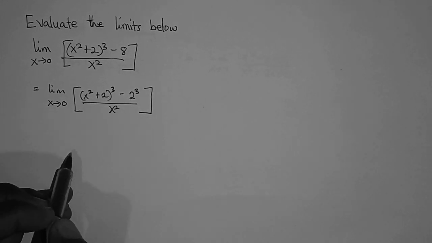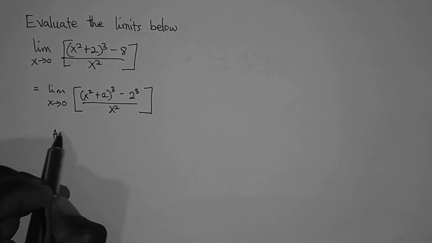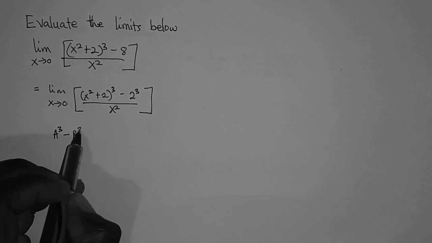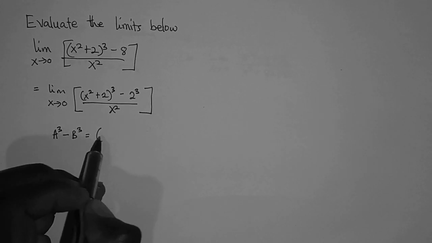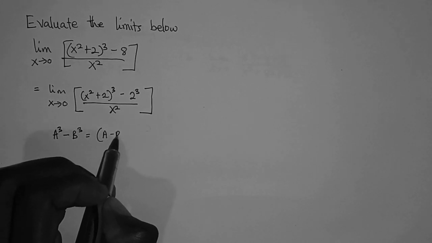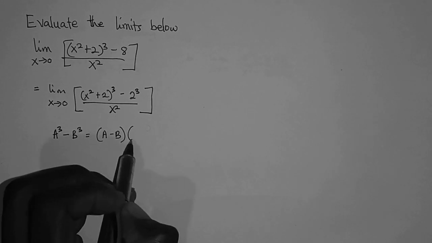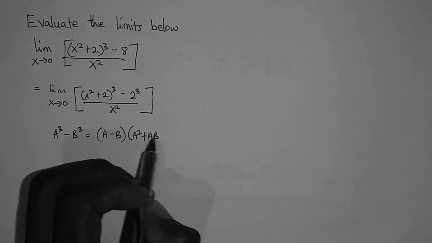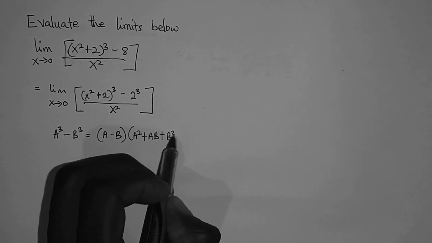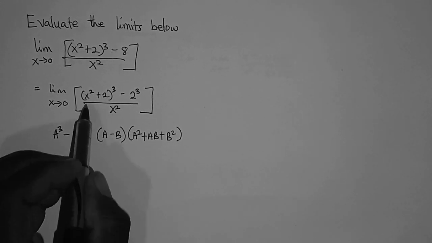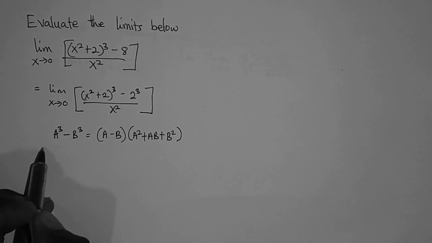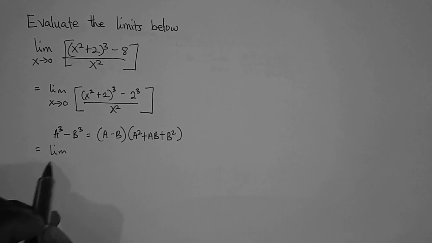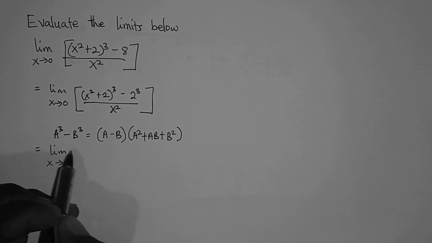Now we want to use an identity, which is a cubed minus b cubed is the same as (a minus b) times another bracket (a squared plus ab plus b squared). So that is how we want to write this, and therefore this is equal to limit as x approaches 0.